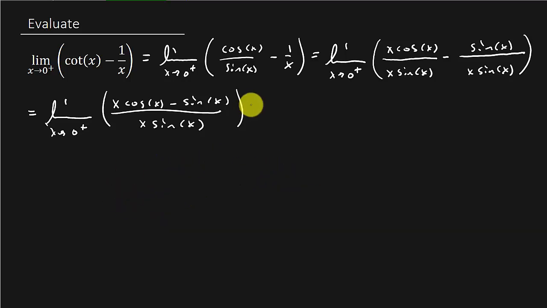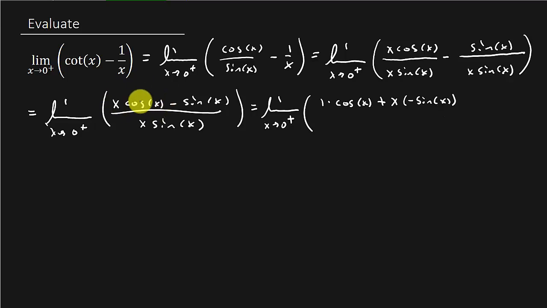So let's see what we get. This is going to be the limit as x approaches 0 from the right. So let's do the derivative of the numerator over the derivative of the denominator. The derivative of x times cosine x, that's going to be product rule. So that's derivative of x is 1 times cosine x plus x times the derivative of cosine x, which is negative sine x.